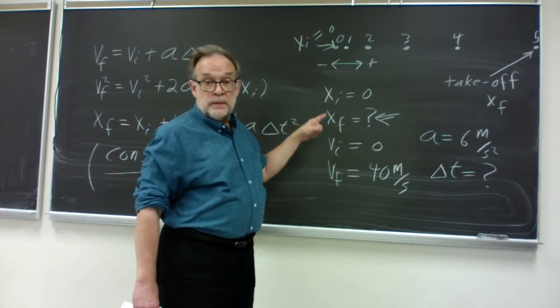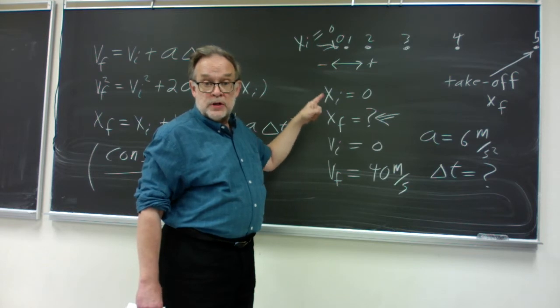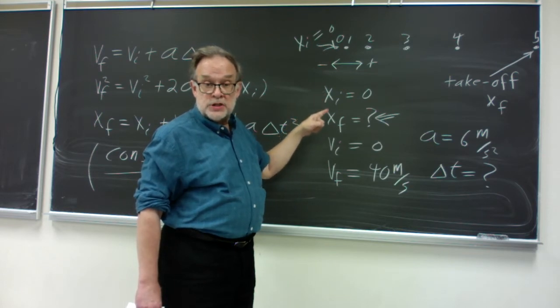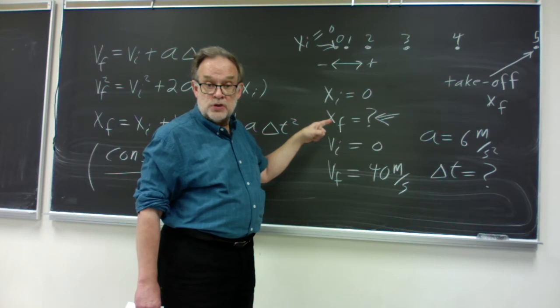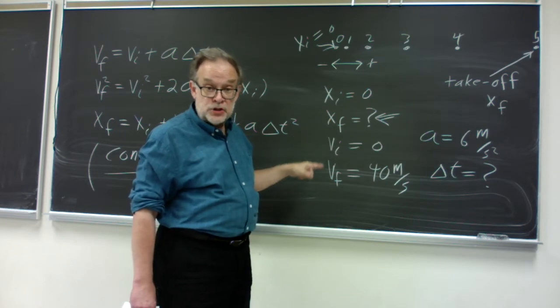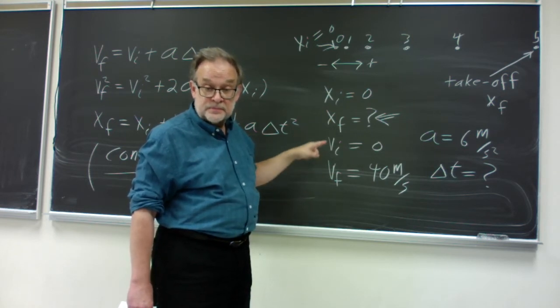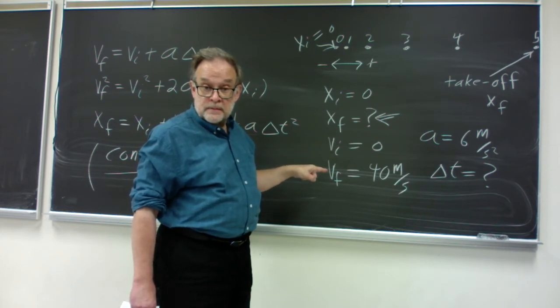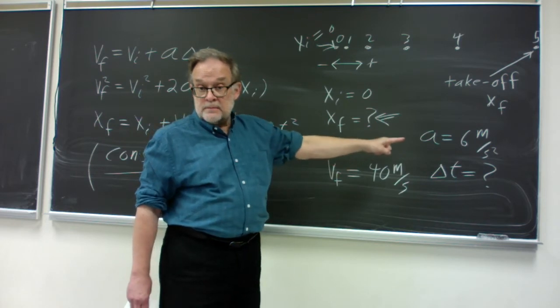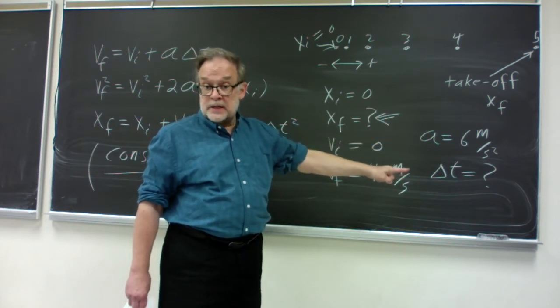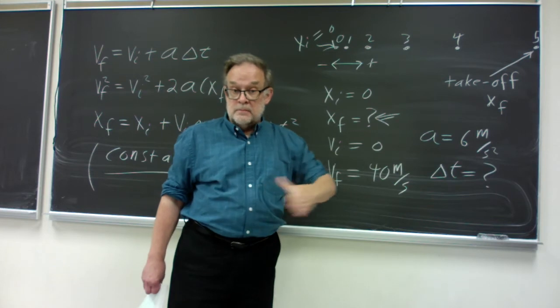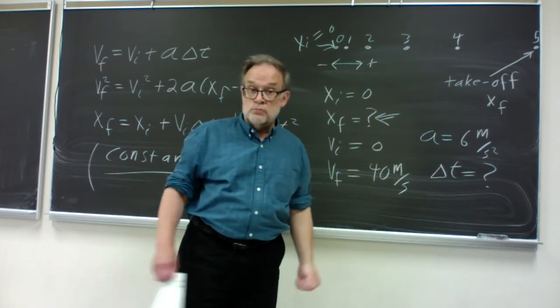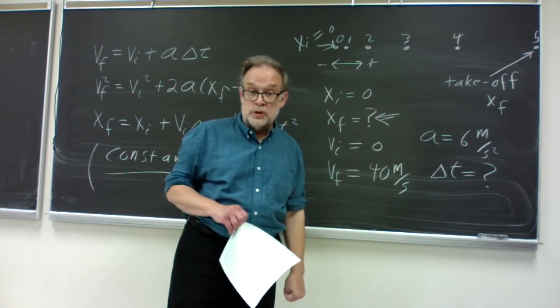The initial and final location, the point where the accelerated motion starts and the point where it ends, the initial and final velocities, the velocity when the accelerating started and the velocity when it ended, and then acceleration, and then the length of time spent doing that accelerated motion.